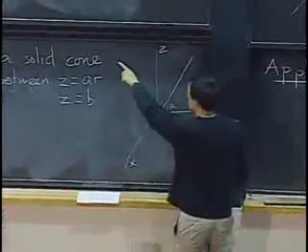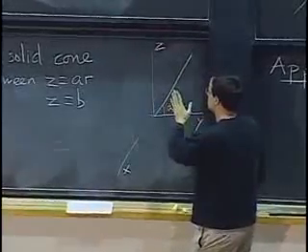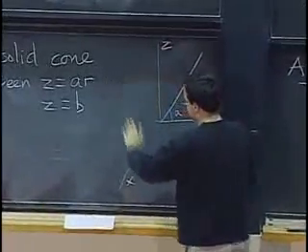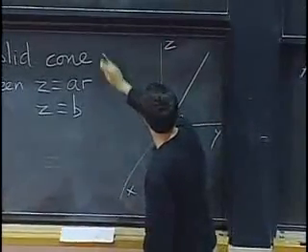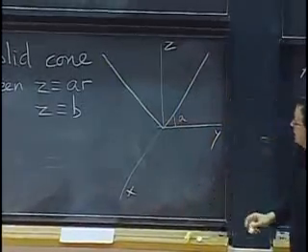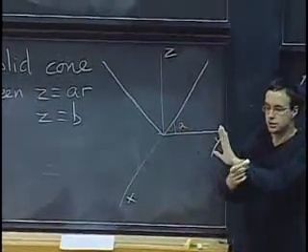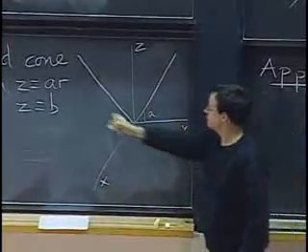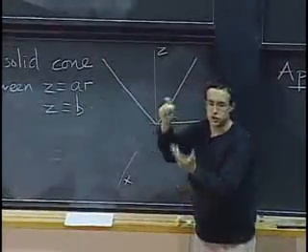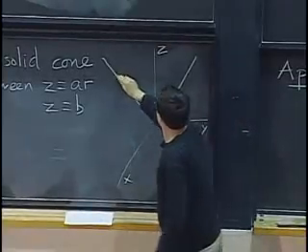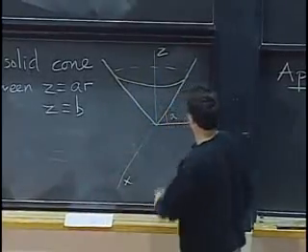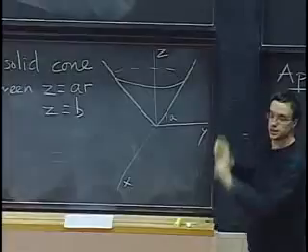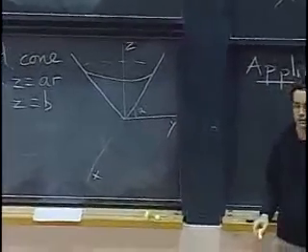If I'm on the left, it's the same story, except the distance to the z-axis is still positive, so I get the symmetric thing. In fact, it doesn't matter which vertical plane I do it in. This is the same if I rotate about the z-axis. See, there's no theta in here, so it's the same in all directions. So I claim it's a cone where the slope of the rays is a. Okay?